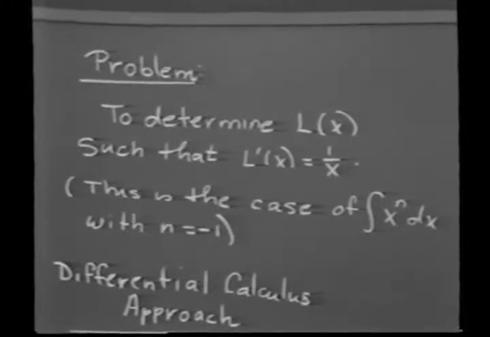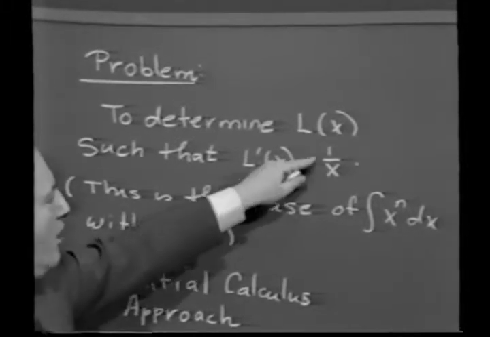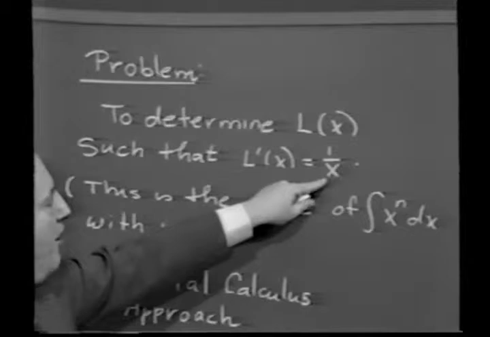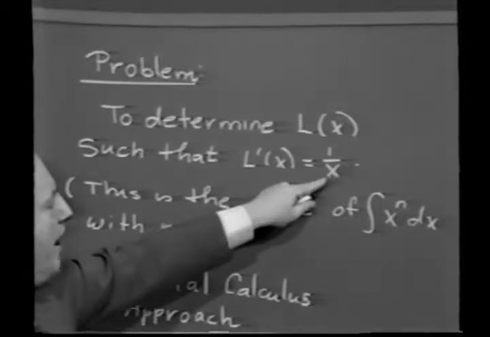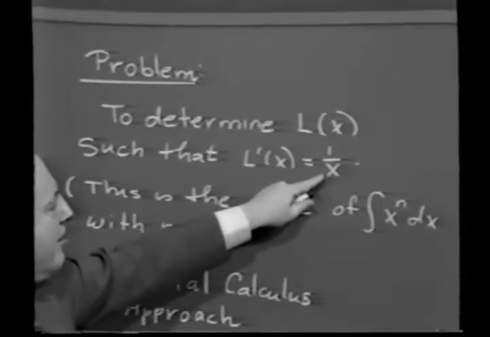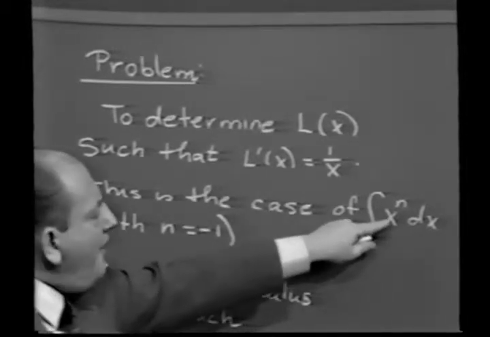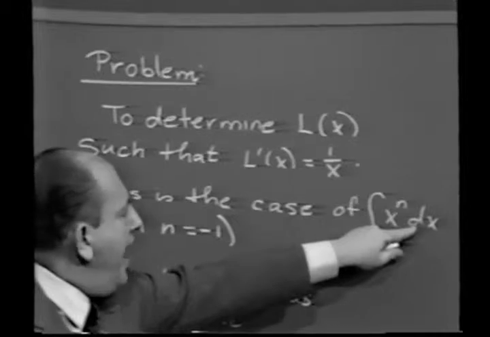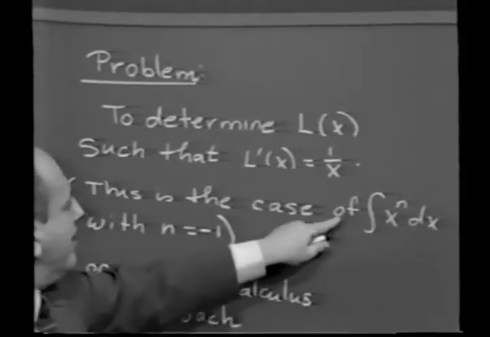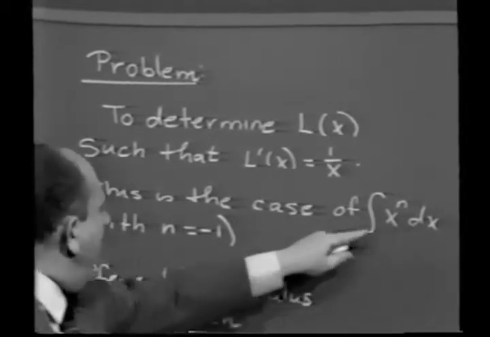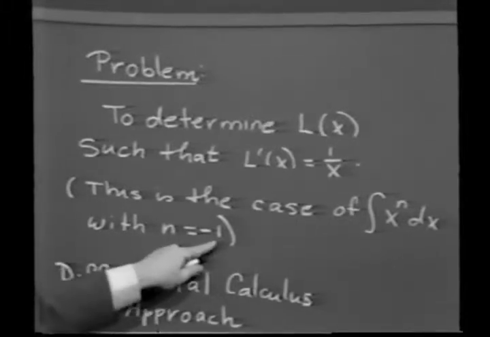And you see, what I want you to notice is that if you write 1 over x in exponential form, in other words, if you try to write 1 over x as x to the n, notice that to solve this problem, L of x would be what? The integral of x to the minus 1 dx. In other words, this is the case of integral x to the n dx with n equal to minus 1.